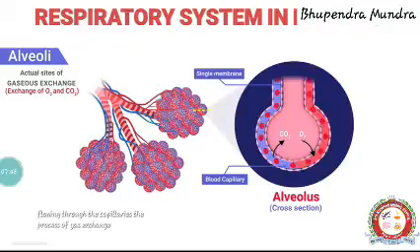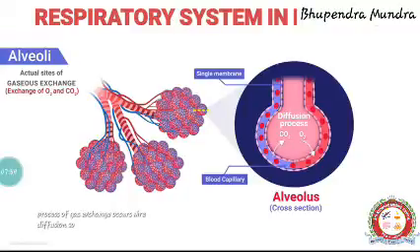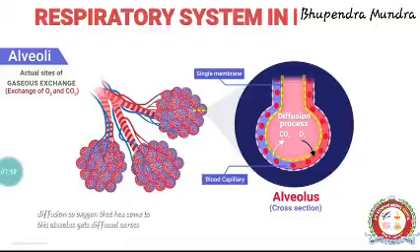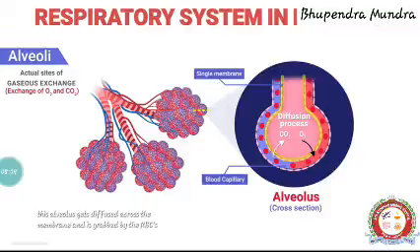The process of gas exchange occurs by diffusion. So oxygen that has come to this alveolus gets diffused across the membrane and is grabbed by RBC.